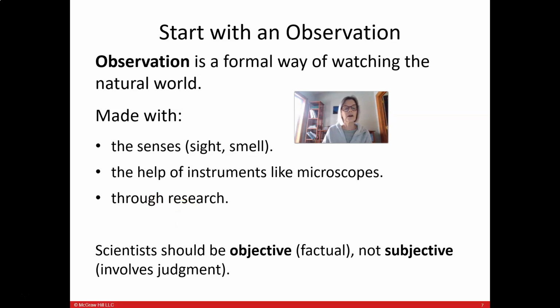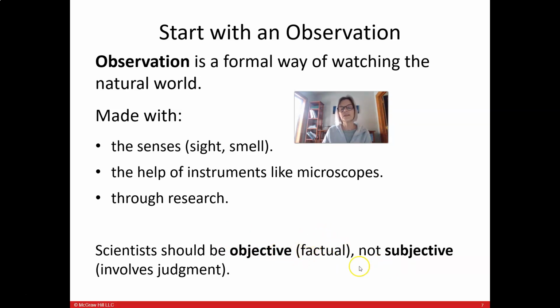The thing about our observations is that they should be objective and not subjective. I think of an object as being something solid that I can touch, and so I think of objective observations as being factual.